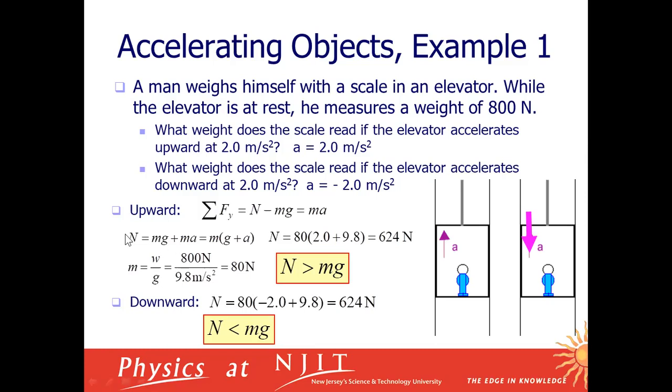For downward force, since this is downwards, your acceleration becomes negative. So 80 multiplied with negative 2.0 plus 9.8 would be equal to 624 newtons. So your normal force is larger than the mass times gravity.